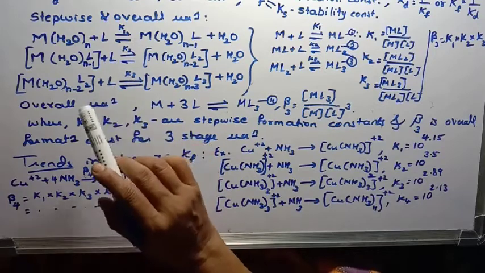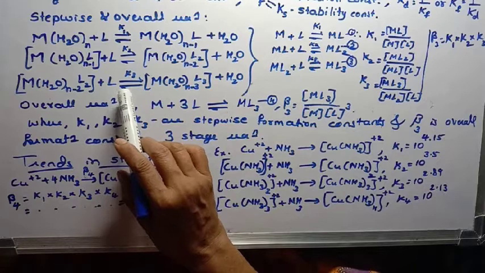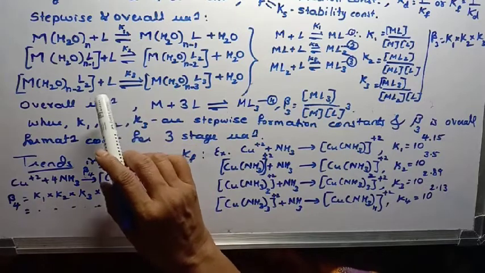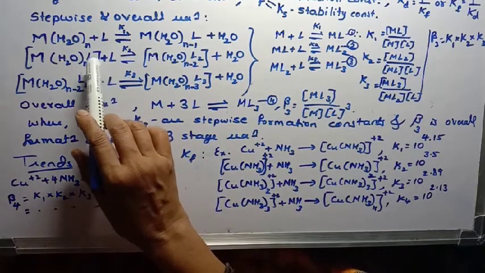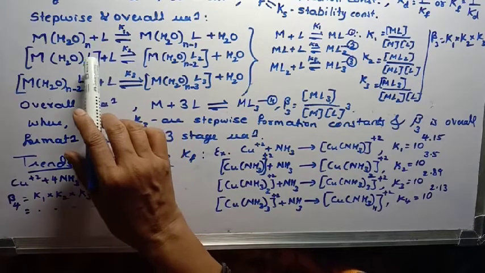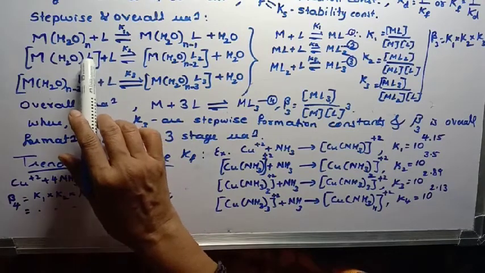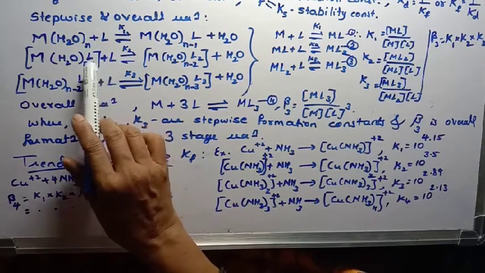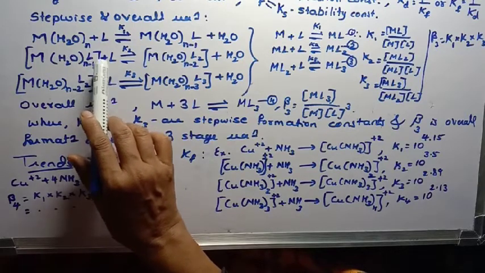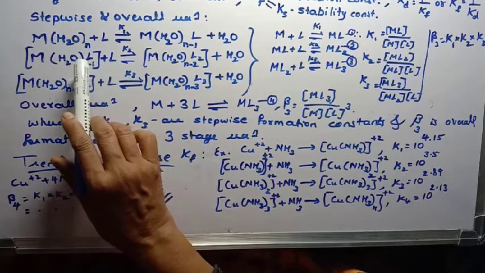And the last one is the electrostatic factor. Here a ligand is already present and the second ligand is entering, and like species repel each other. So there is a repulsion between the entering ligand and the already present ligand.